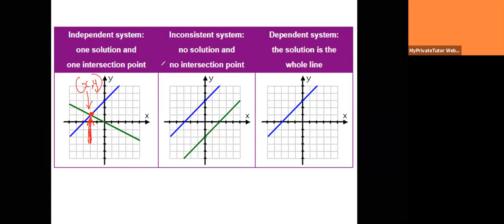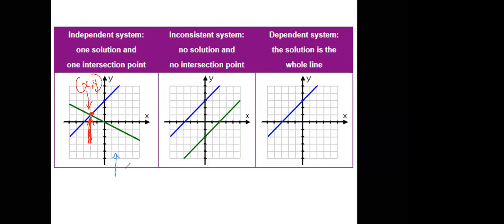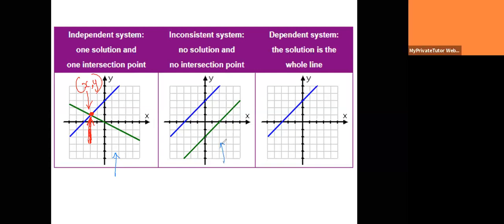What I mean to say here, guys, is we will get the solution only if the lines intersect. We don't have a solution if they are parallel lines. If the lines are parallel, we can't find the value of x or y, which means it has no solution.